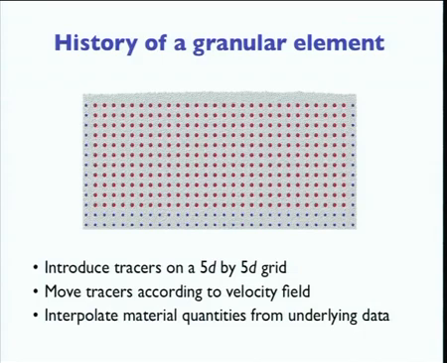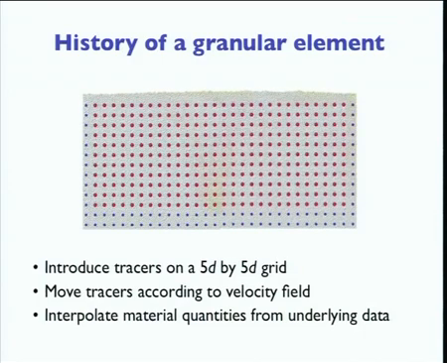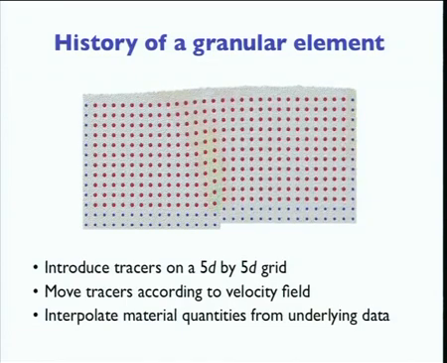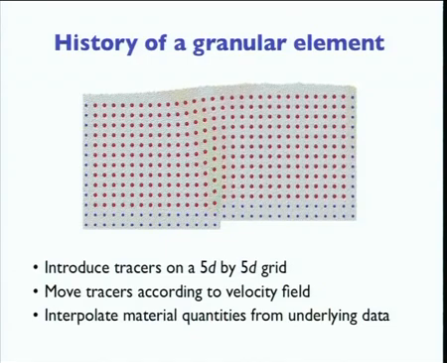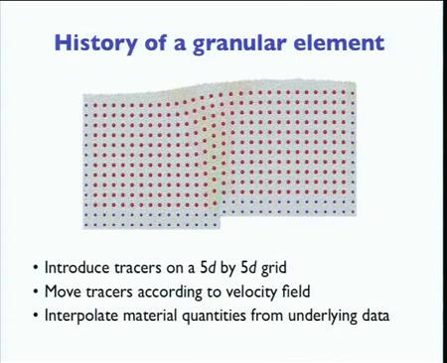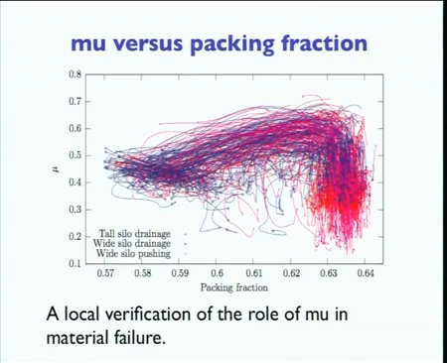Now we can go further, and actually look at histories. What we can do is introduce a bunch of traces in the flow that are advected with the continuum field, and for each one of those we can construct a history of these continuum parameters of interest. What this is showing you is a plot.